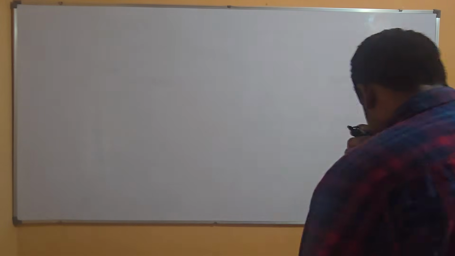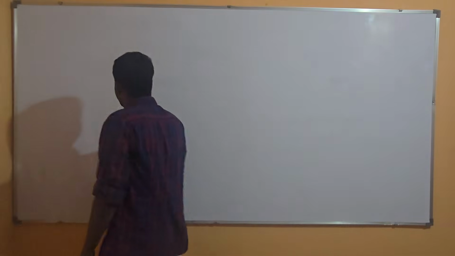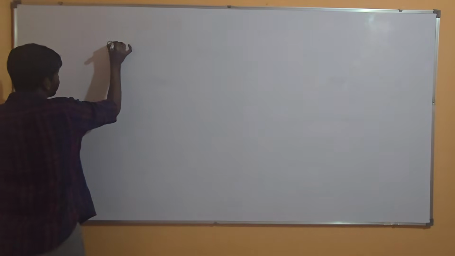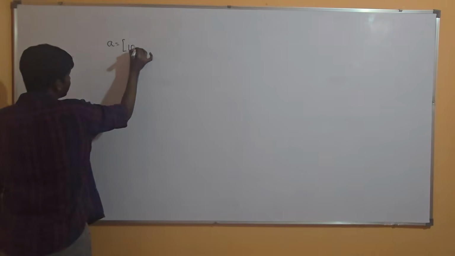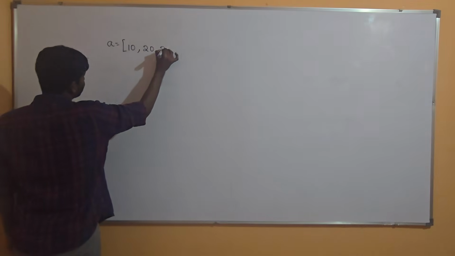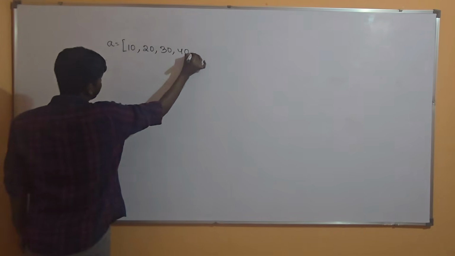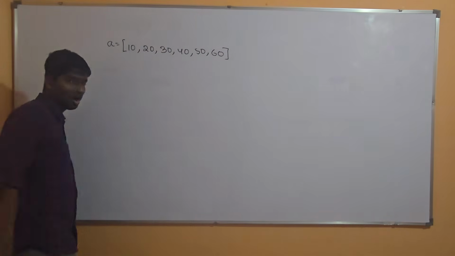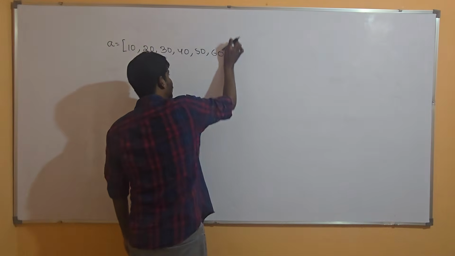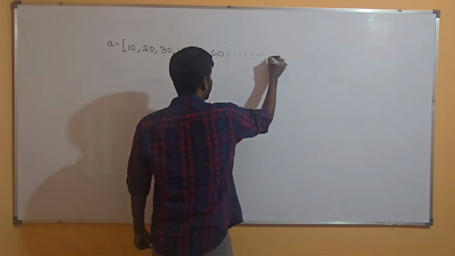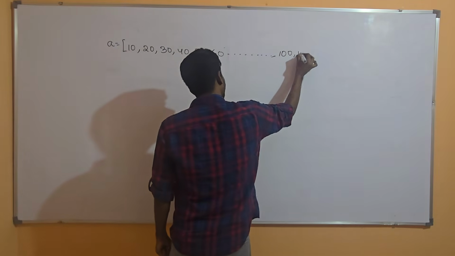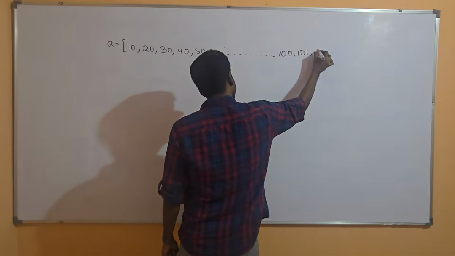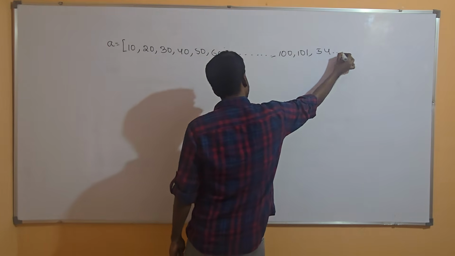Now guys, see here. I want to remove an element. See this. A is equal to 10, 20, 30, 40, 50, 60, and let me say there are some more elements which I don't know. There is 100, 110, 101, then there is 54, and so on, the numbers are there.